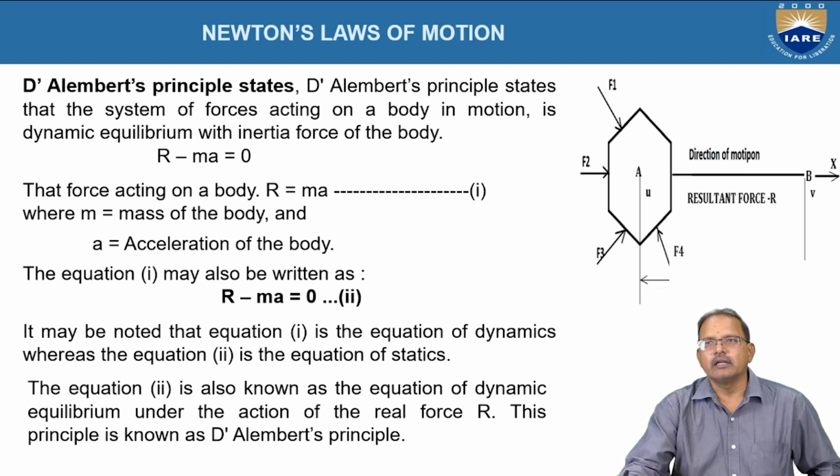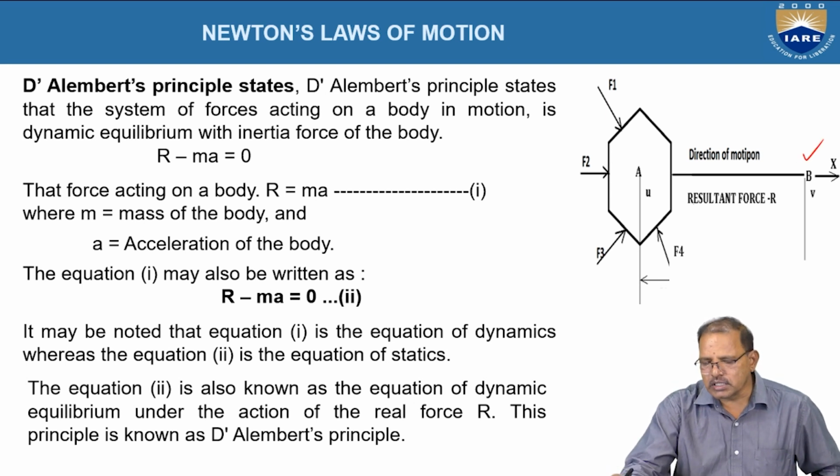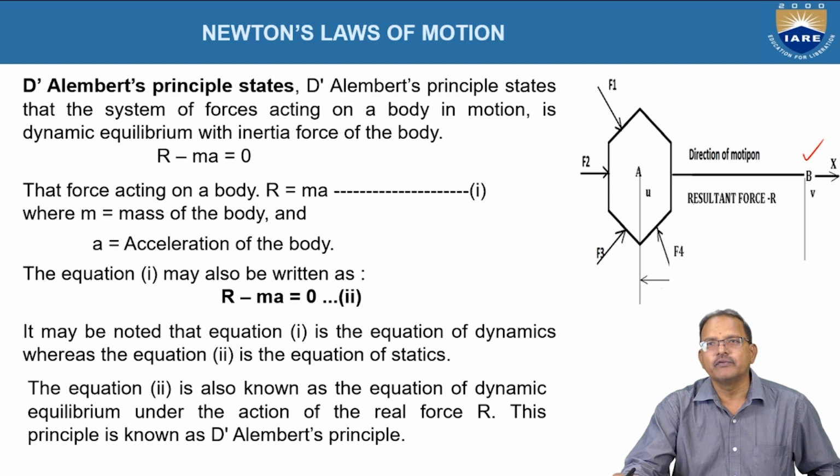D'Alembert's principle for kinetic problems. Here we are considering an object. It is subjected to F1, F2, F3 and F4 forces. Because of all the forces, the body is assumed to be moving in the direction of X as shown in the figure. In other words, the resultant of F1, F2, F3, F4 is equal to R. The direction of R is the direction in which the object is moving.